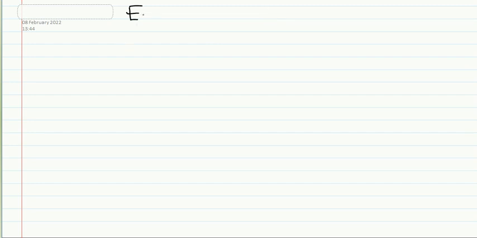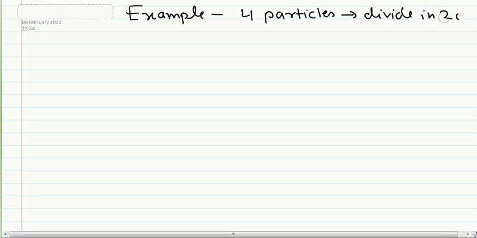So now let us take an example. In this example we have 4 molecules, or 4 particles, and we have to divide them in 2 cells.